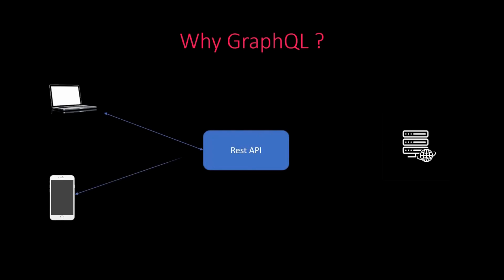REST APIs expose multiple endpoints to which the client makes a call, and via that they receive the data that they need to fetch. With GraphQL, instead of using these REST APIs, we'll be making use of GraphQL.